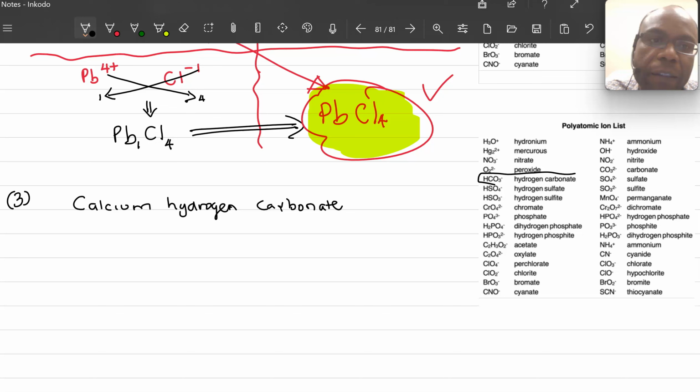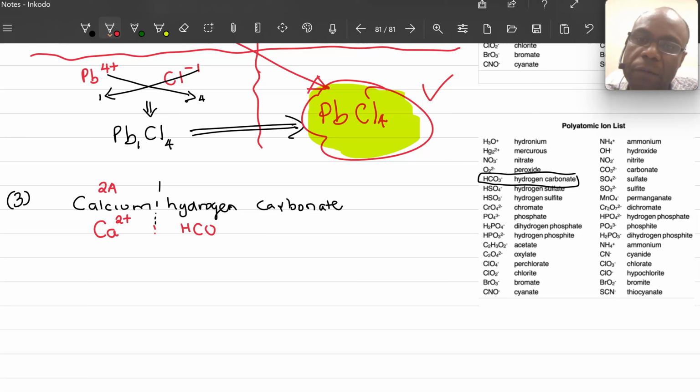Hydrogen carbonate is right here. It's a polyatomic anion, so I can split here. I know that calcium is a main group 2A element. The symbol for calcium is Ca, so it gets a 2 plus. It loses 2 electrons. It's a metal. The hydrogen carbonate formula is a group of elements which is HCO3 superscript minus 1.